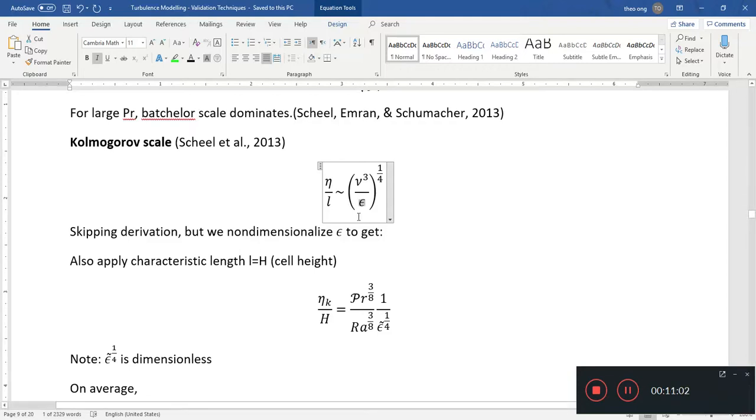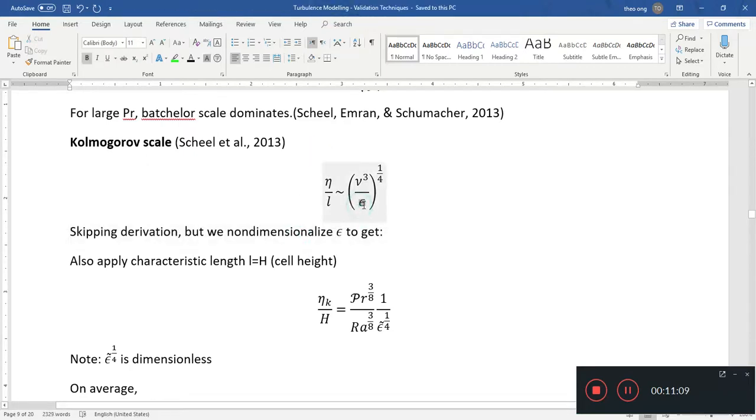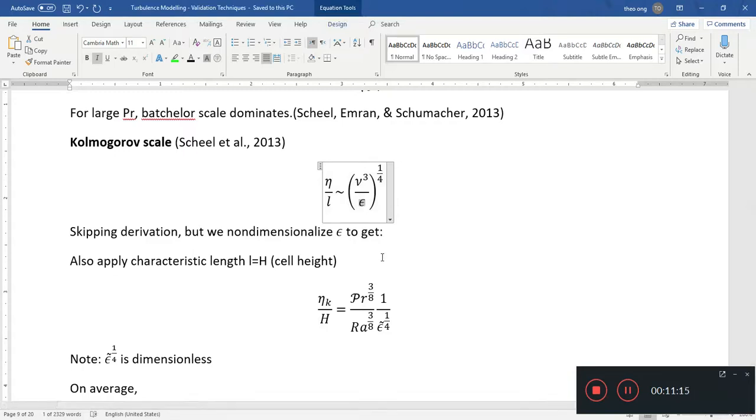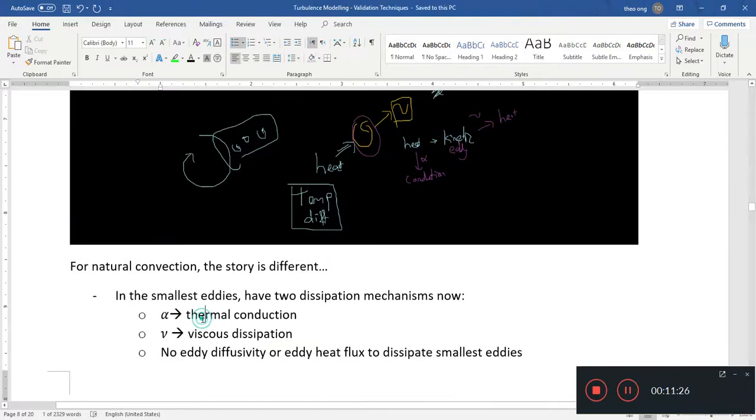I'm just going to quickly skip all of that, and say the general idea is that we non-dimensionalize the dissipation rate, which is due to a mixture of viscous dissipation, and of course the thermal conduction, alpha dissipation.